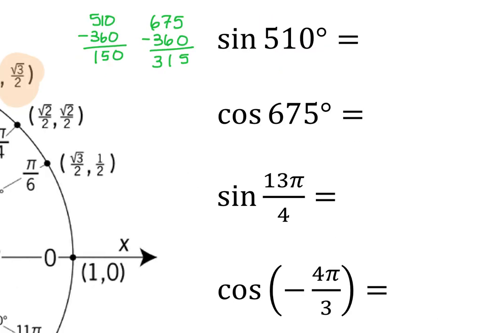So you can say that sine of 510 is going to equal the same thing as sine of 150 degrees. And cosine of 675 is going to be equal to the same thing as cosine of 315 degrees.